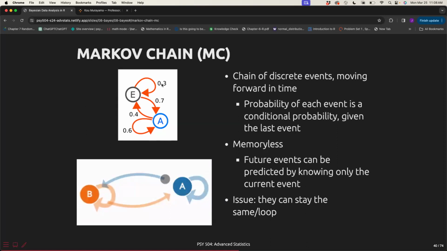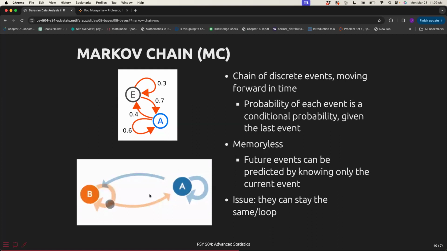I have an example of a very simple 2-state model here, E and A. If we're at E and we want to move to A, maybe we calculate this transition probability and it's 0.7. If we want to stay in the current state, it's about 0.3. So I might decide to move to A. And then when I'm at A, I might decide to move to E. So I calculate the probability for that, but I might stay at this current location, which is 0.6.